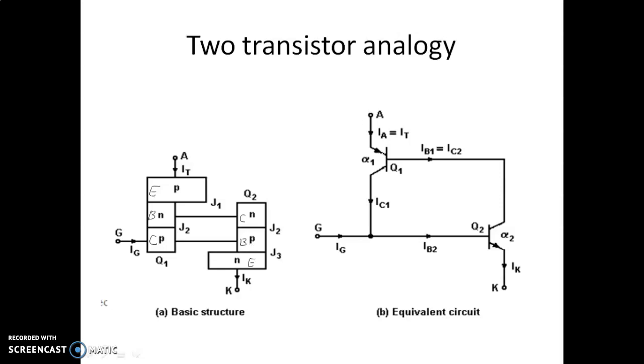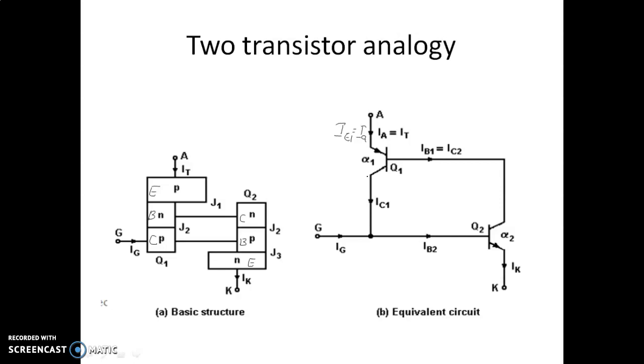The first transistor Q1 is a PNP transistor, that's why the arrow is shown inwards. The emitter current IE1 is equal to the anode current IA, which is the thyristor current.